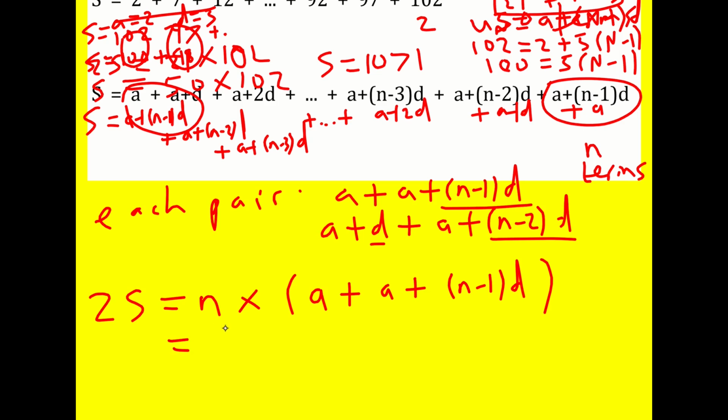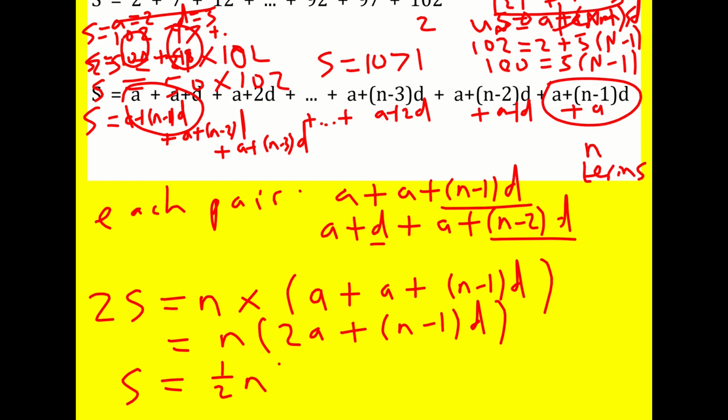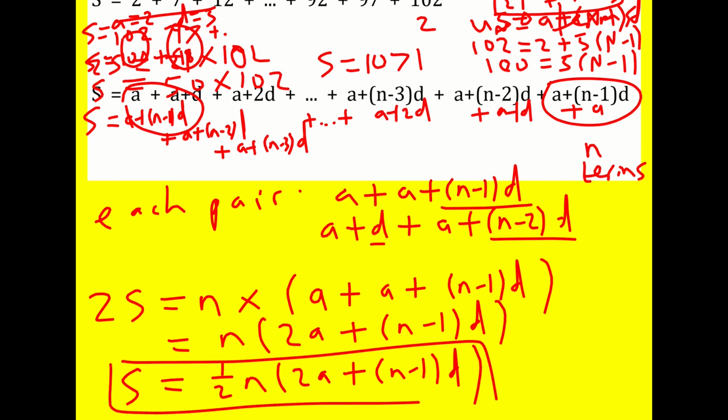That's going to become n, I'm just going to put a bracket in there now, 2A plus n minus 1D. And so finally the answer is S equals a half n 2A plus n minus 1D.